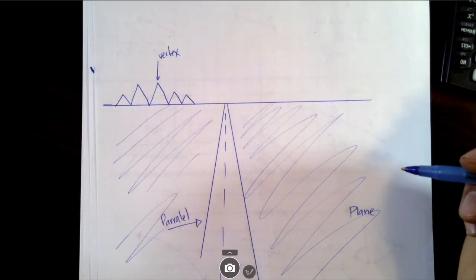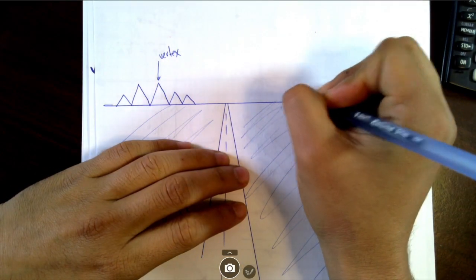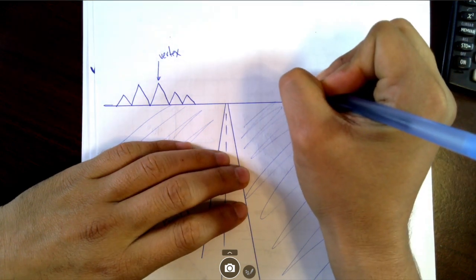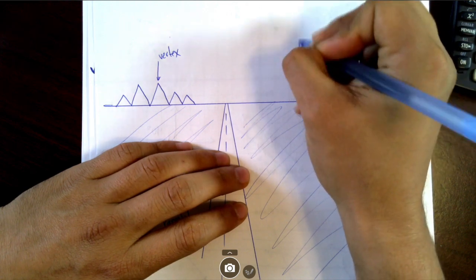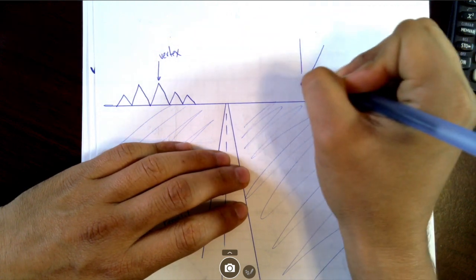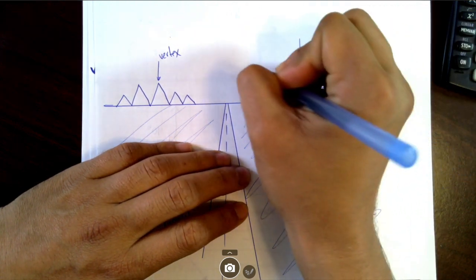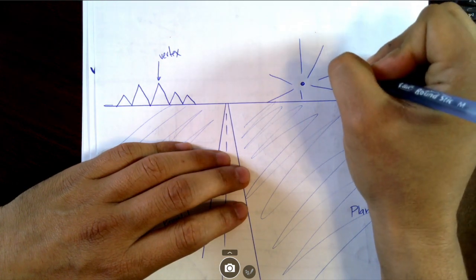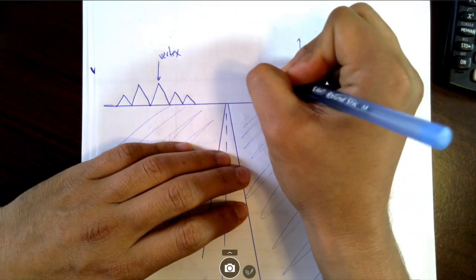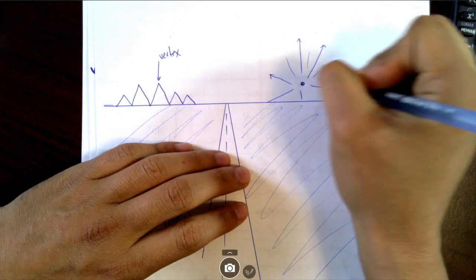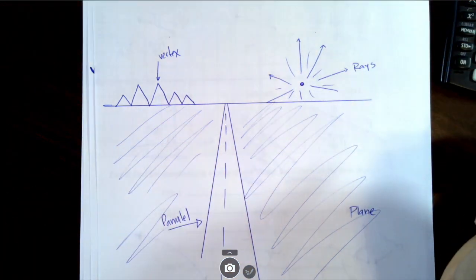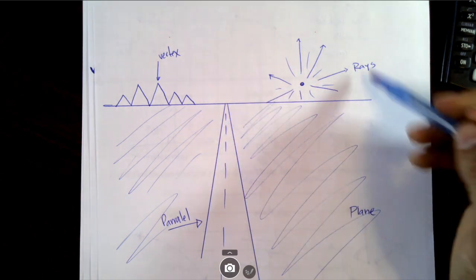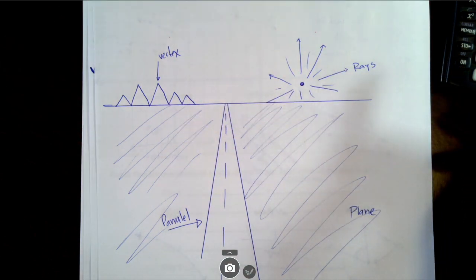I'm going to draw a sun. And then the sun is setting, but the sun itself has rays. Okay, so these are rays. I got 4 words. What else do I want to do?